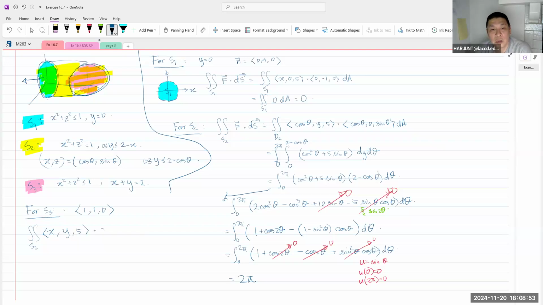Dot dS, which then becomes 1, 1, 0 dS without oriented notation, without the arrow. Okay, that will give us the double integral over S3 of x plus y dS. Actually, this is over square root of 2.